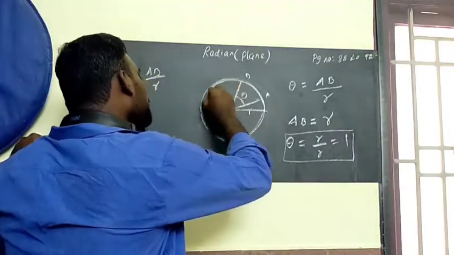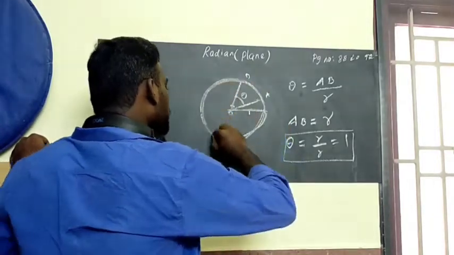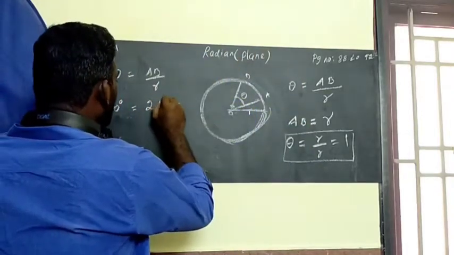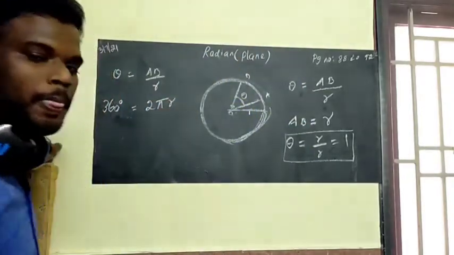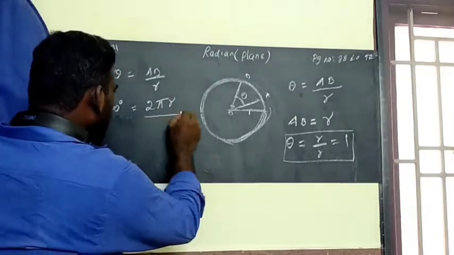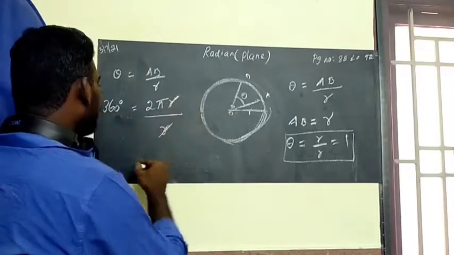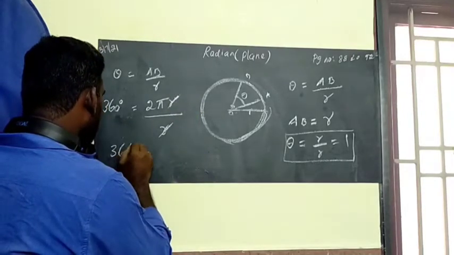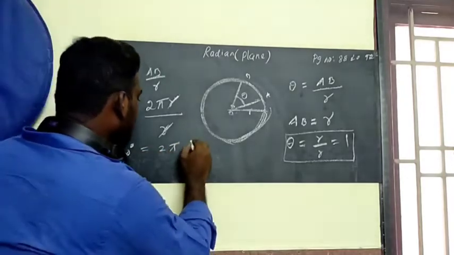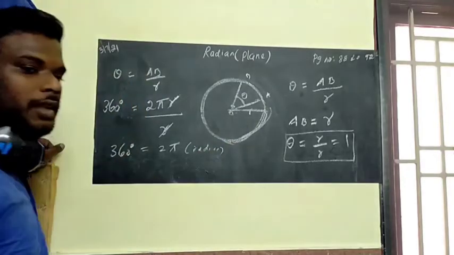When you complete the circle, the total arc length is called the perimeter of the circle. Dividing the total arc length by the radius of the circle, R and R will cancel. Then 360 degrees equal to 2 pi. So here we will get radian, so 2 pi will come in radian, and here we have the degree.